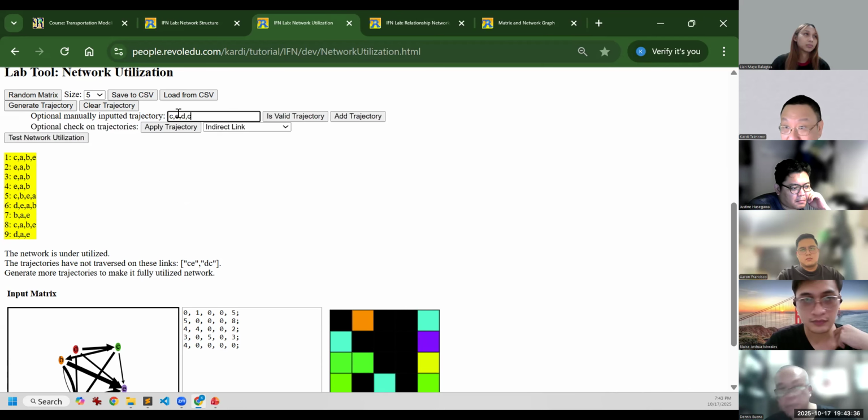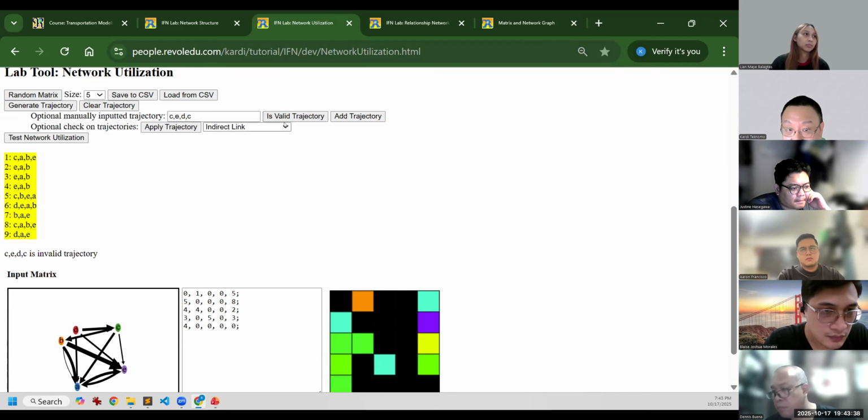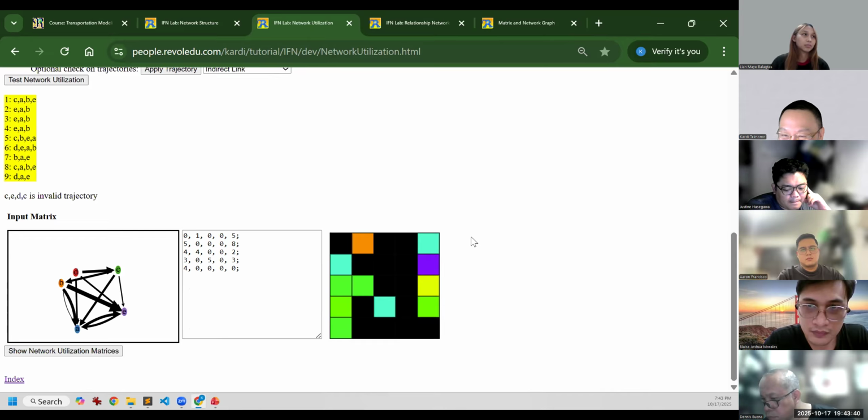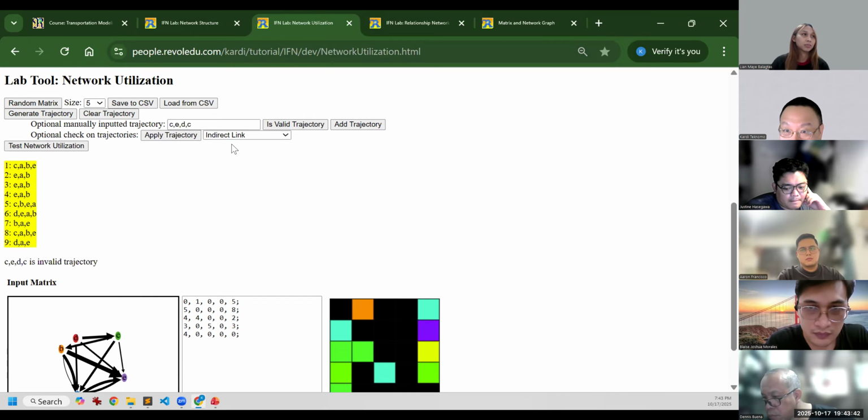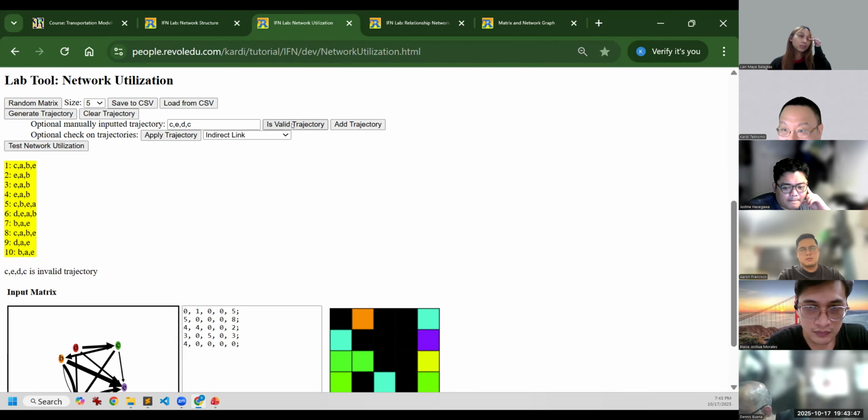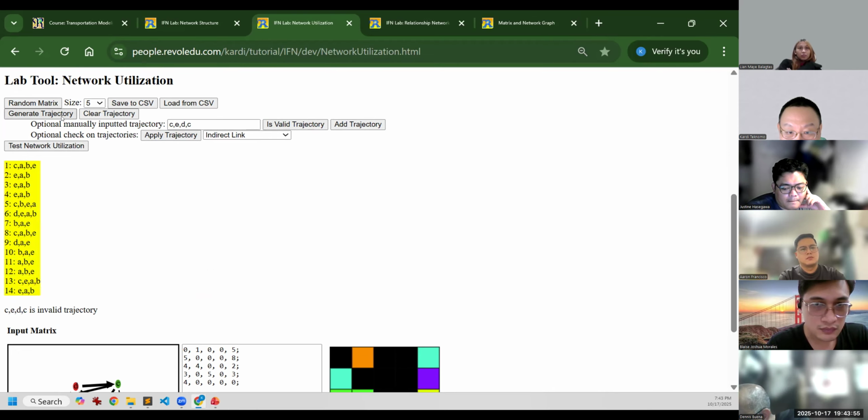Is it okay or not? Let me check whether this is valid. Oh, this is invalid. So you need to generate a trajectory that is actually valid. Let me get more trajectories.